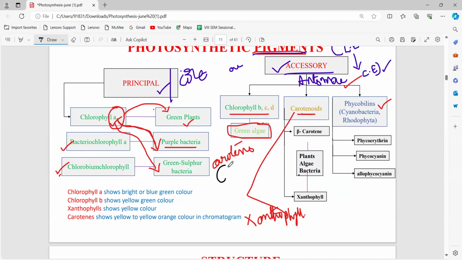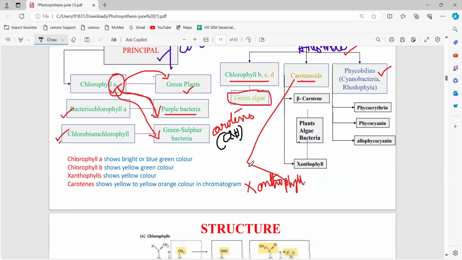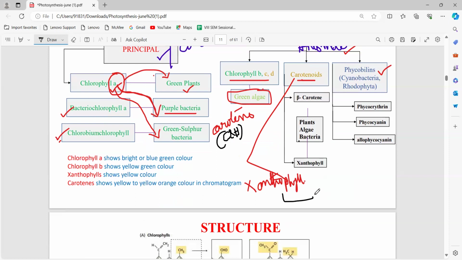Every student remember, carotenes contain only carbon and hydrogen, nothing else. When it comes to xanthophyll, along with carbon and hydrogen, xanthophyll also contains oxygen. Don't get confused. That is the simple difference between carotene and xanthophyll.